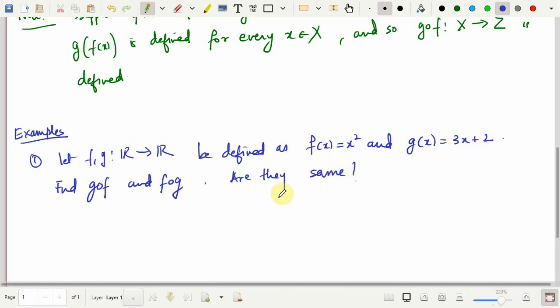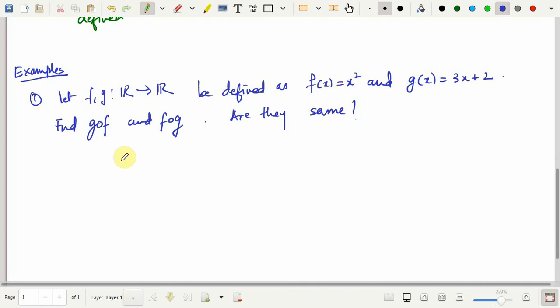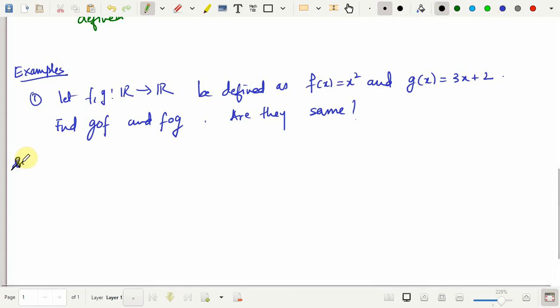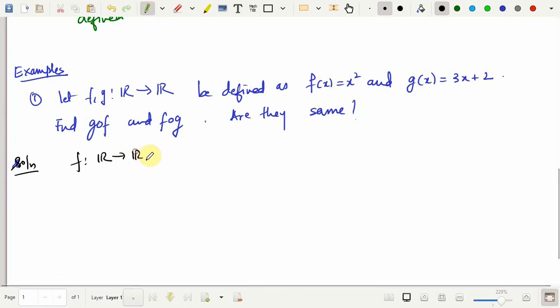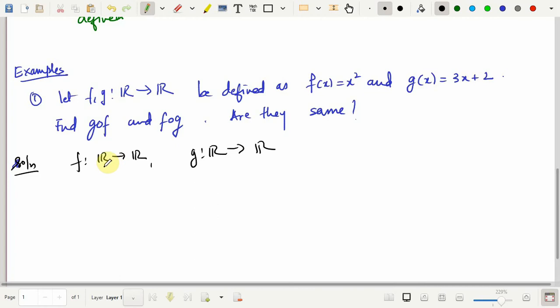Okay, so first of all we need to know whether we can define g composite f as well as f composite g. So to define g composite f, we'll start with f. f is a function going from R to R and g is a function going from R to R. So obviously the range of f is contained in this set R, and therefore we can define g composite f.